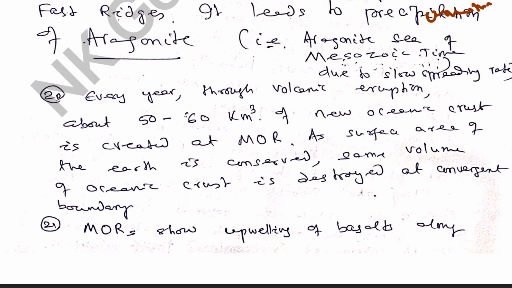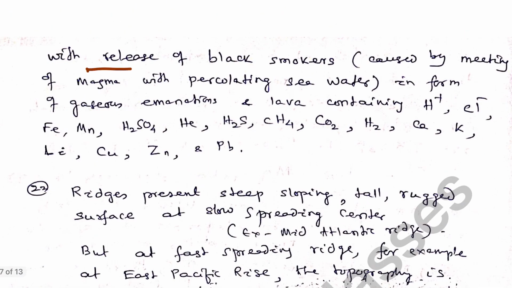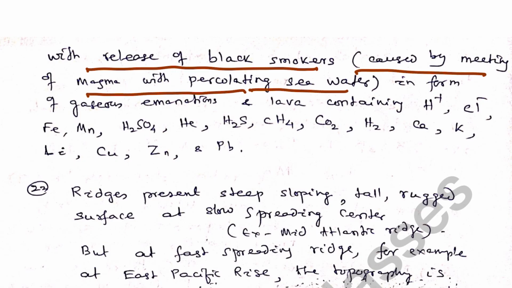The MORs show upwelling of basalts along with release of black smokers, which are caused by meeting of the magma with percolating seawater. Because the extrusion of lava takes place along with gaseous emanations.